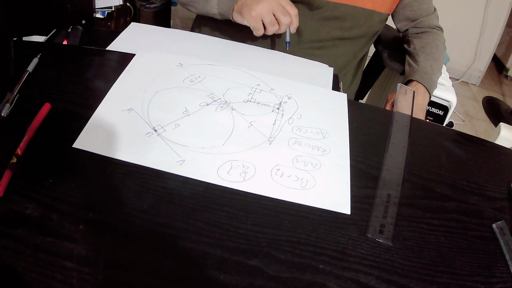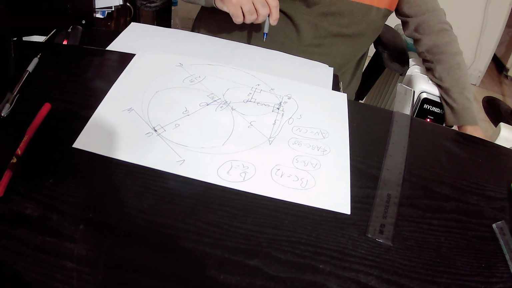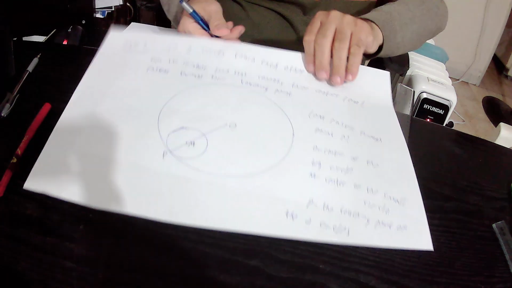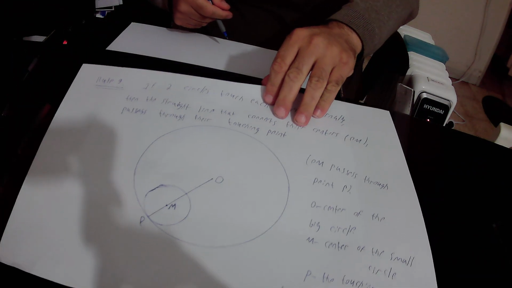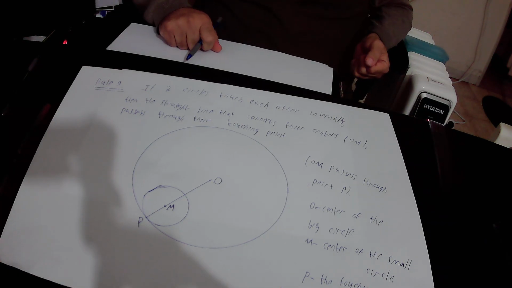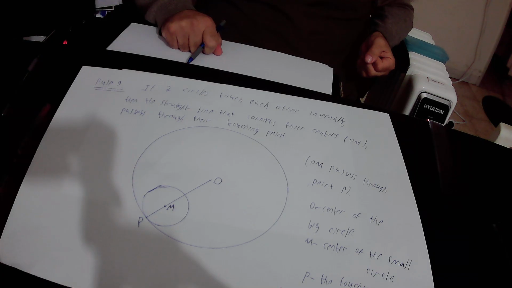In the next step, I will present to you rule number 9, and we will implement rule number 9 in our drawing. According to rule number 9, if two circles touch each other internally, then the straight line that connects their centers together passes through their touching point.